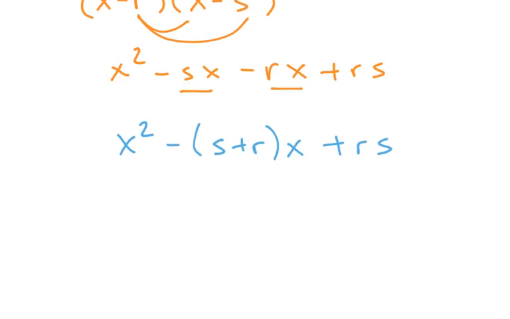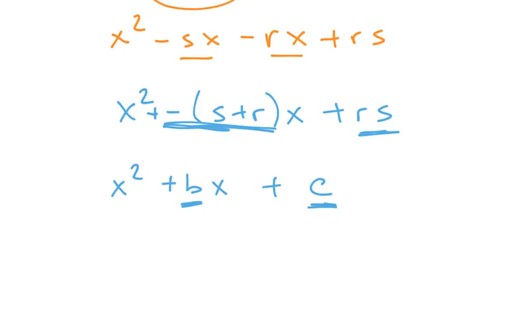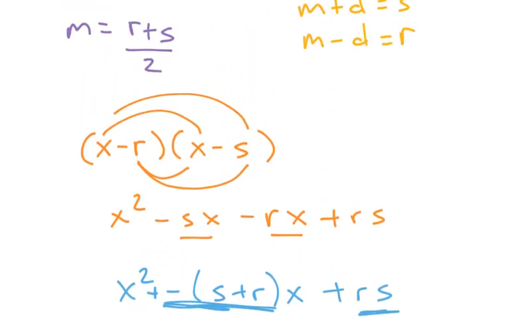Okay, so this is, in essence, what x squared plus bx plus c is actually saying, right? I can actually even put a plus negative. This is what it means. b is negative s plus r, and c is rs. Okay, so why is this significant?